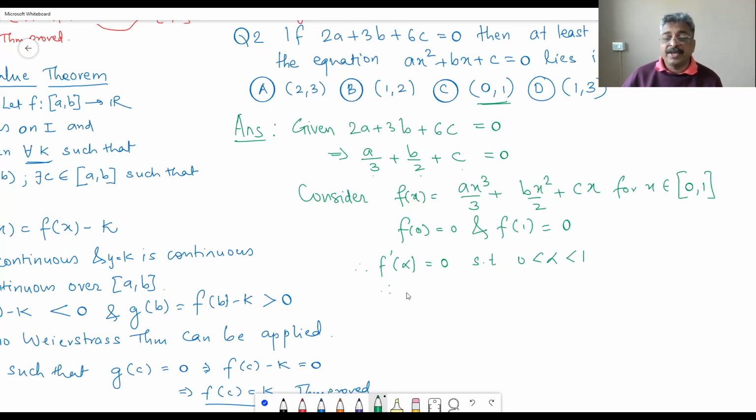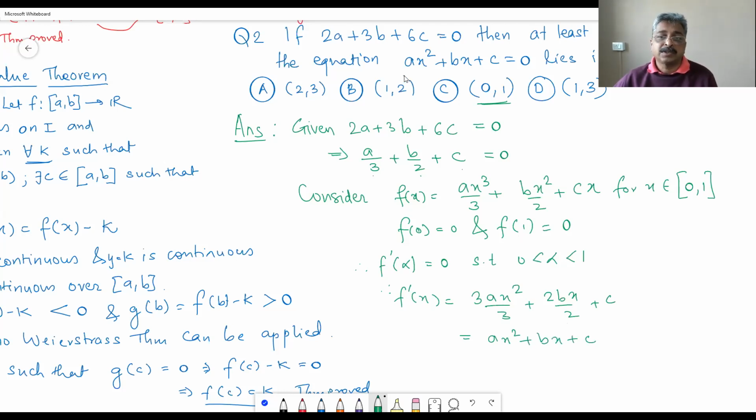What is f dash of x? f dash of x is equal to 3ax square upon 3 plus 2bx upon 2 plus c. Correct? Therefore, this is equal to ax square plus bx plus c.